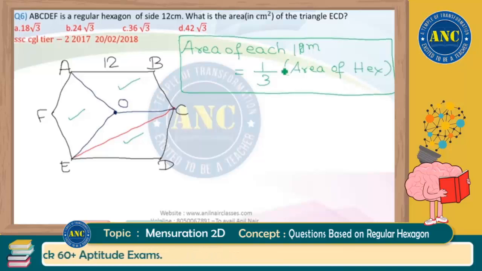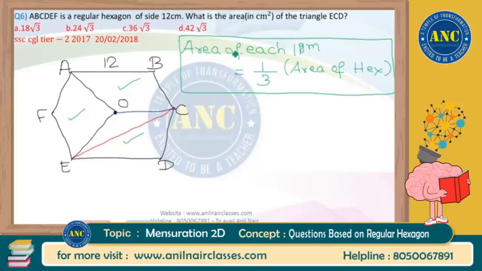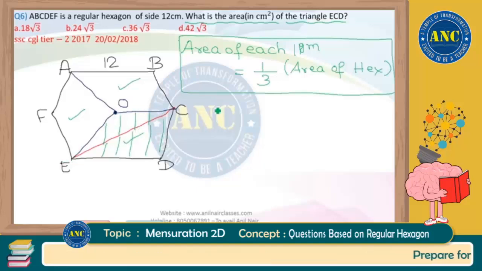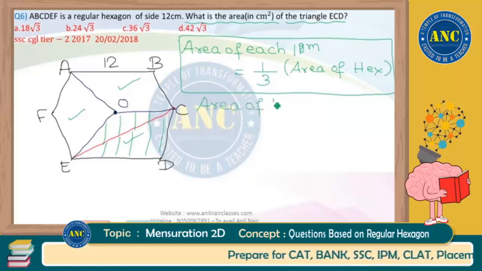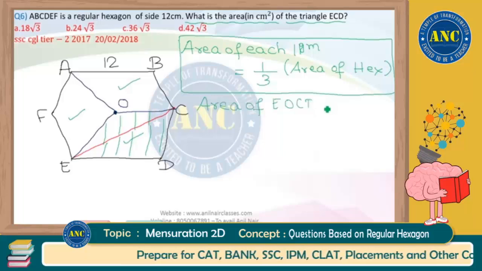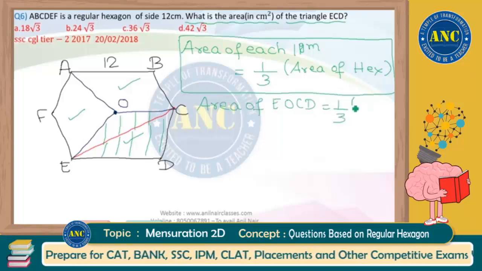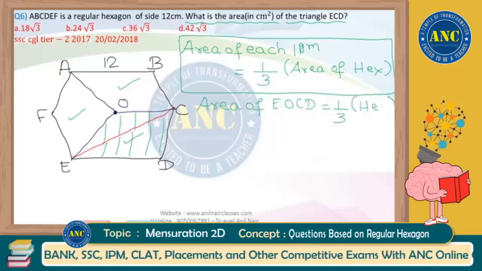Sir, why are you taking the parallelogram right now? Let me explain. Which area do they require? The area of triangle ECD. So let me take the entire parallelogram EOCD. The area of parallelogram EOCD is 1/3 the area of the regular hexagon.